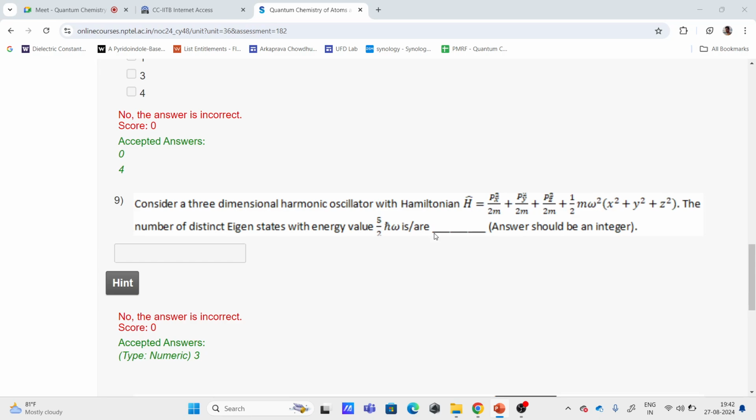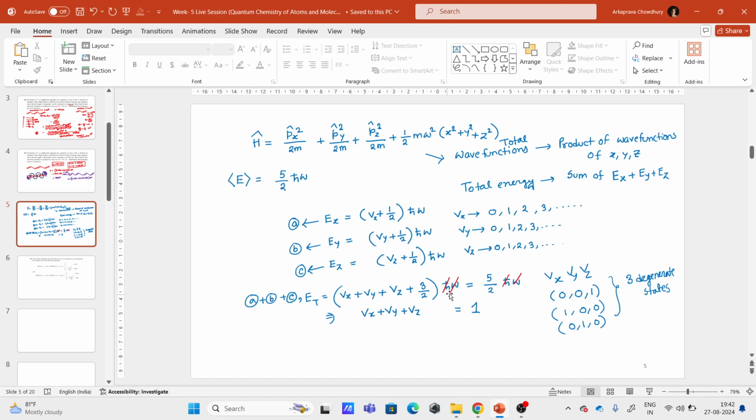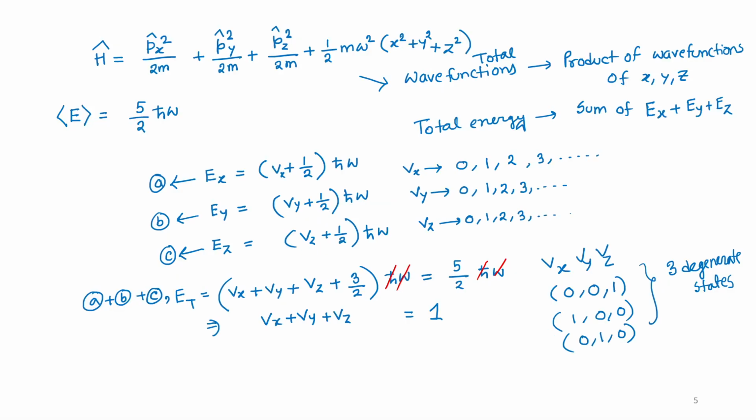Suppose the question says 7 by 2 total energy. Then what will happen if it is going to be 7 by 2? I'm just thinking differently, another number. I'm not sure that obviously it is going to be degenerate. After doing that, we will know.